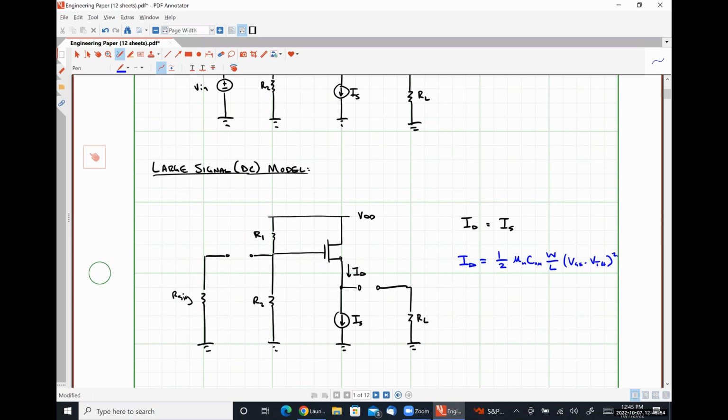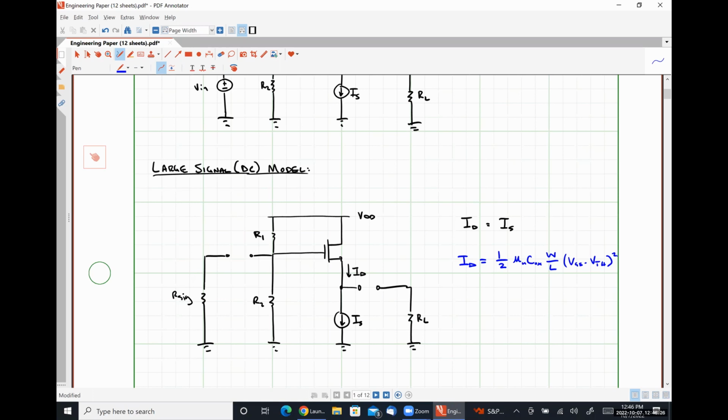So in some sense, this particular biasing configuration of biasing a transistor with a current source is a way to implement a MOSFET voltage source, because we're forcing a particular gate source voltage to occur in order to accommodate that amount of current being carried by the device.